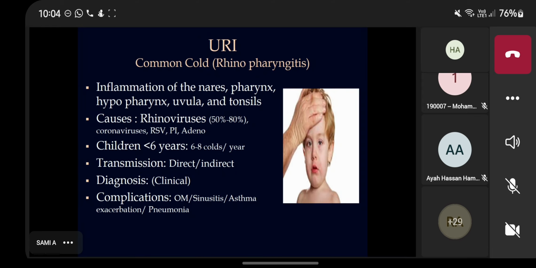Now, transmission of the common cold viruses can be by 3 mechanisms. One is hand contact, self-inoculation of the conjunctiva or nasal mucosa after touching a person or object contaminated with cold virus. What happens is you may enter a room where somebody was before you, sneezing and coughing. He contaminated the surface there.